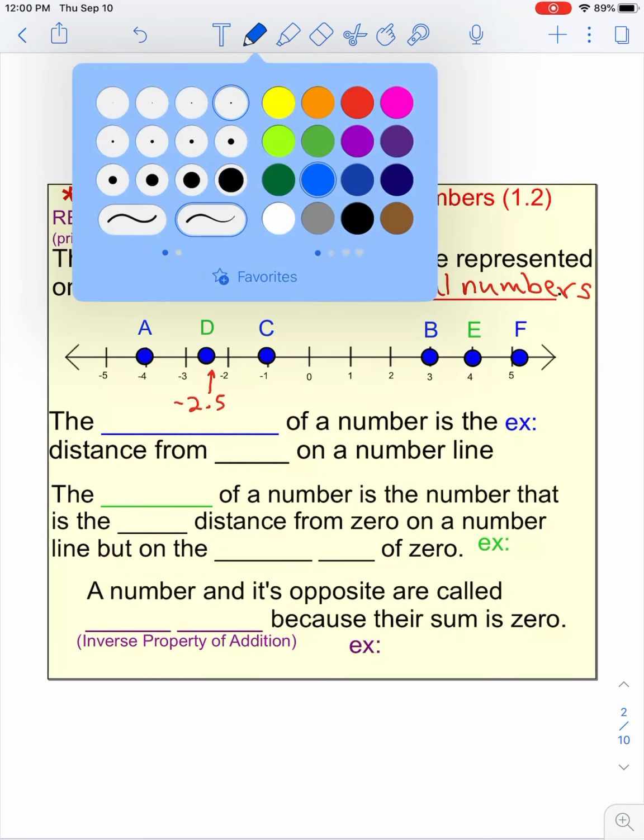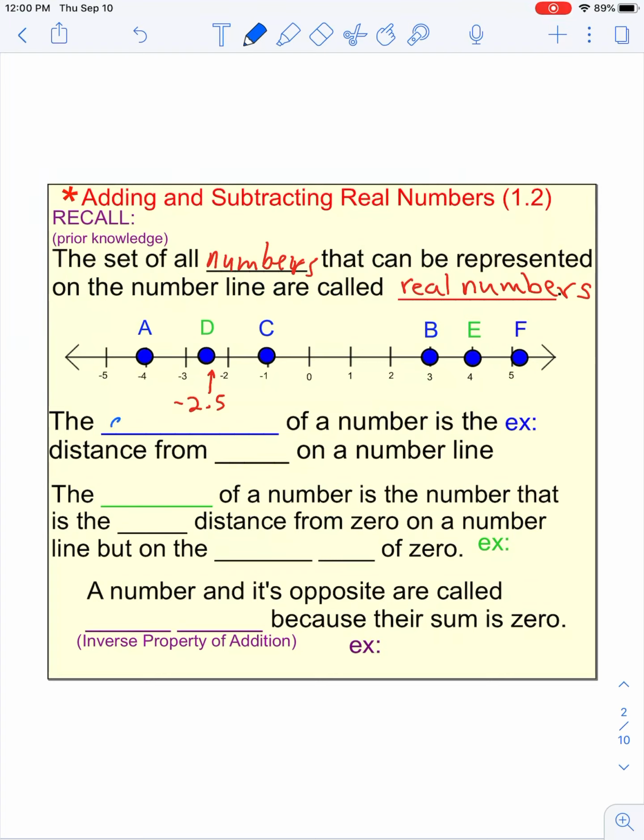So another thing I'd like to review is what the absolute value of a number is. The absolute value of a number is the distance from 0 on a number line. And we use these absolute value bars to denote absolute value.